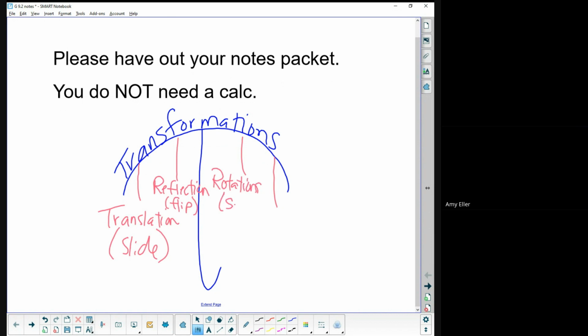A rotation is like a spin. Finally, dilation or dilate. In parentheses, maybe we'll put bigger or smaller.